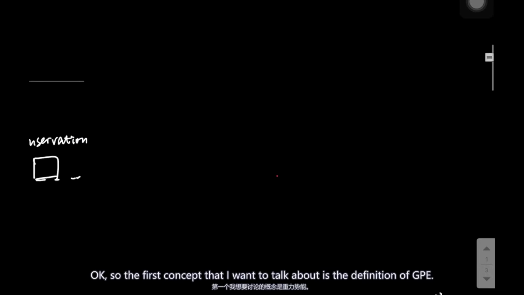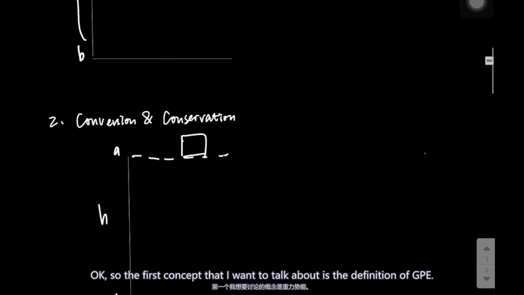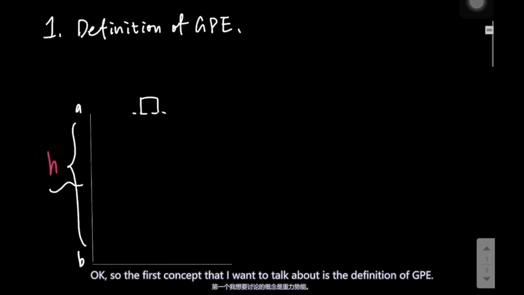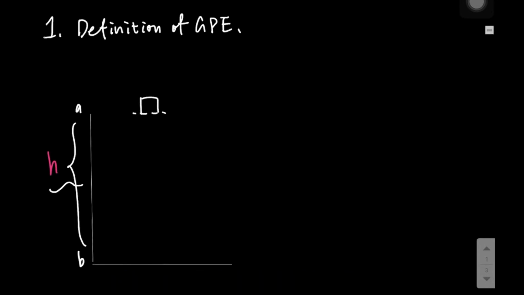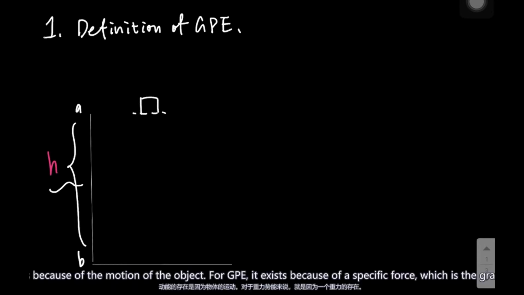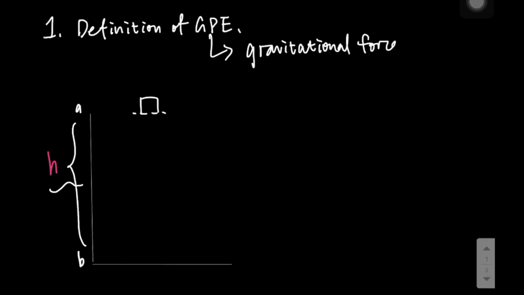Okay, so the first concept I want to talk about is the definition of GPE. Like kinetic energy, it exists because of the motion of the object, right? And for GPE, it makes the same sense. It exists because of a specific force, which is gravitational force.